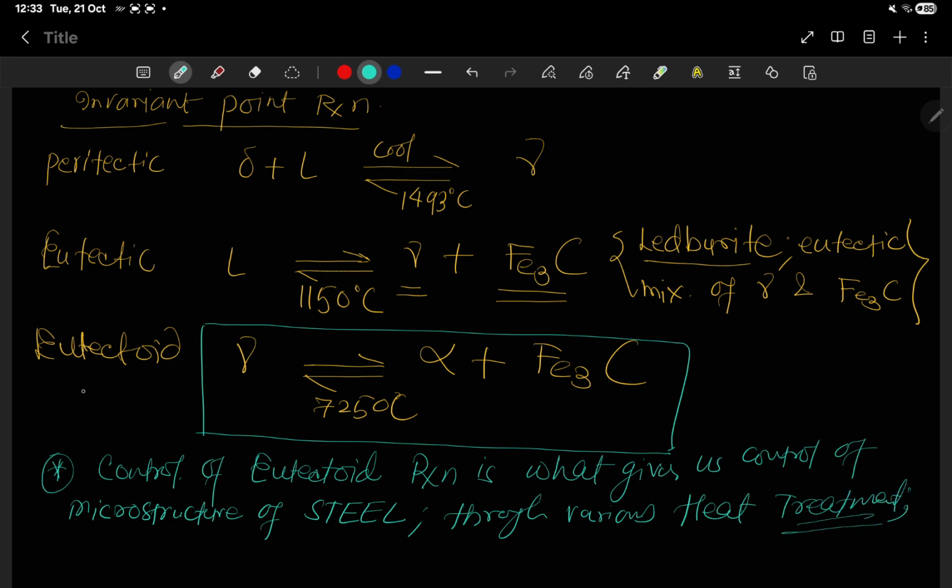So we will explore this eutectoid point, and how we get different microstructures in steel.